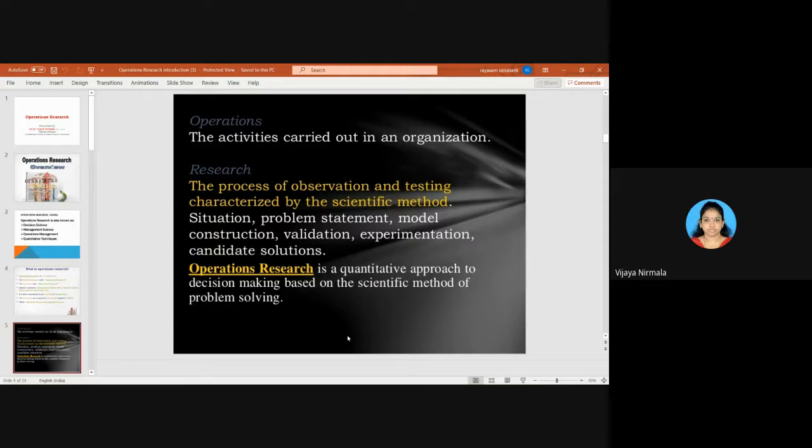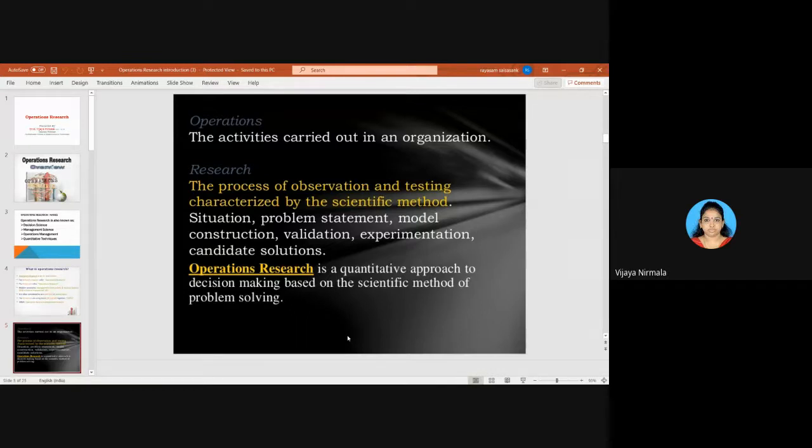The models I'll discuss later, and there are several models to construct in research. We will discuss those models in the next sessions. Just think that in research, when a situation is seen, you identify the problem statement, and later, based upon the problem statement, you need to construct a model.